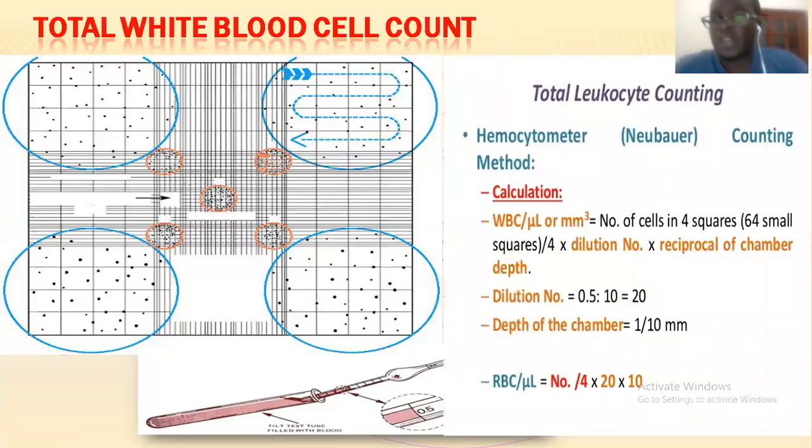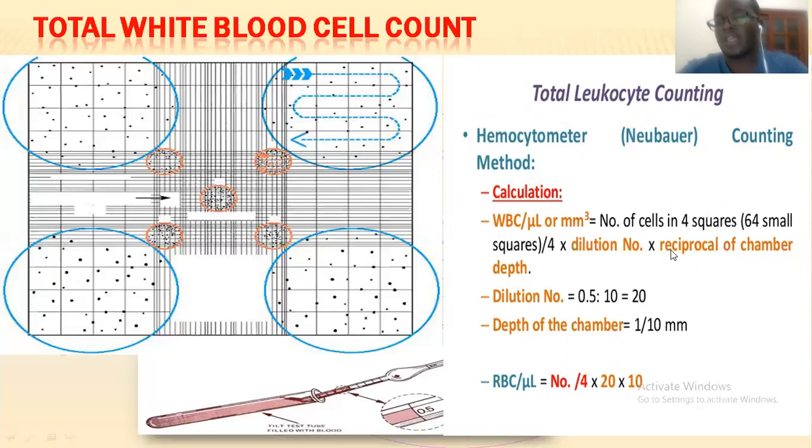This is the formula for calculating the total white blood cell count. The total white blood cell count is equal to the number of cells that you will have counted in the 4 bigger squares, or you can say 64 small squares, because in each bigger square you have 16 small squares. Then you divide that by 4, meaning that you're just getting the average number of the cells that you have counted in the 4 squares. What's the average number? That's why you're dividing by 4. Then you multiply that with the dilution number.